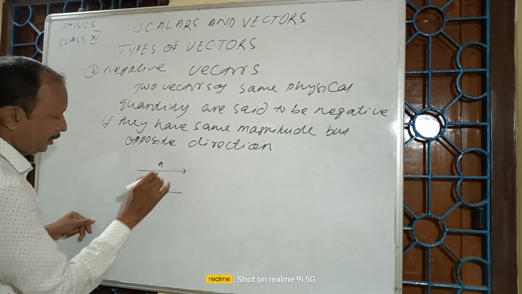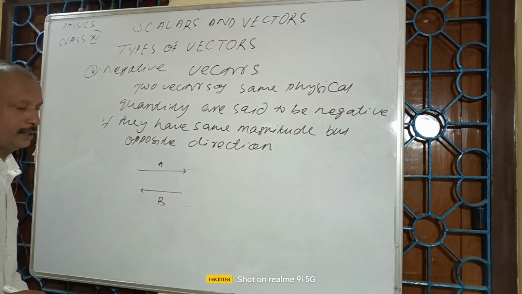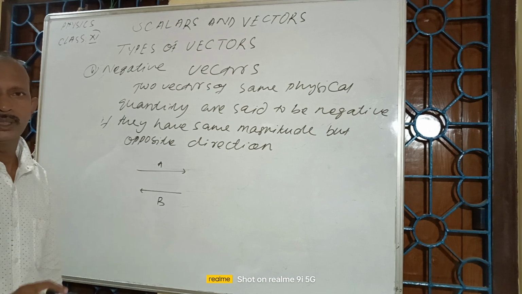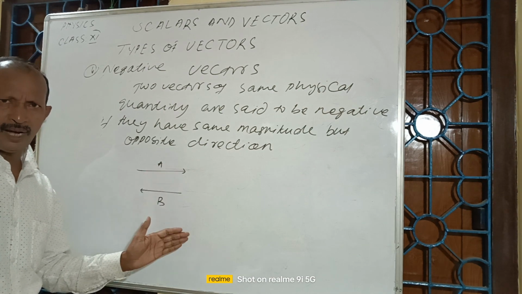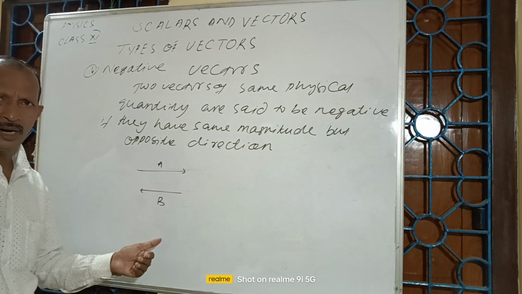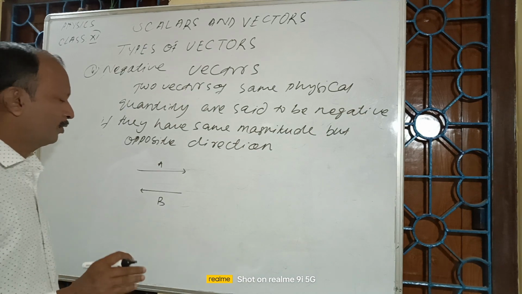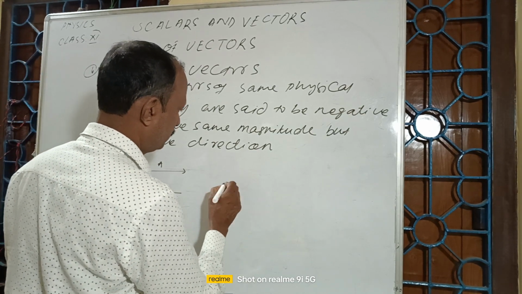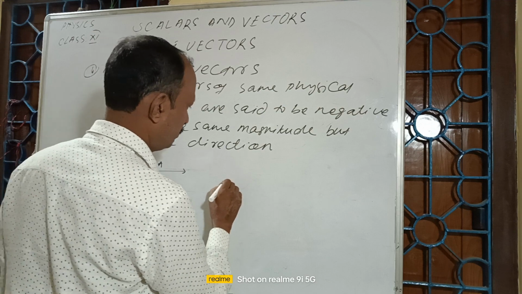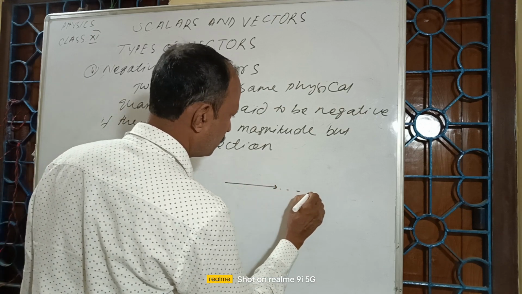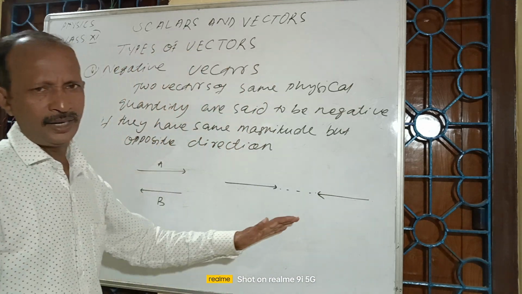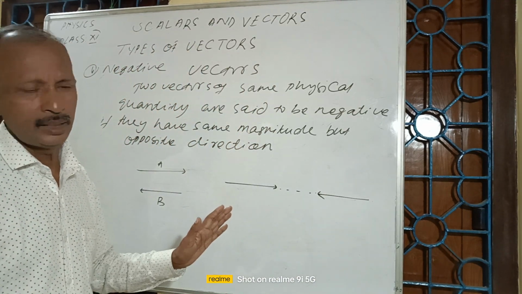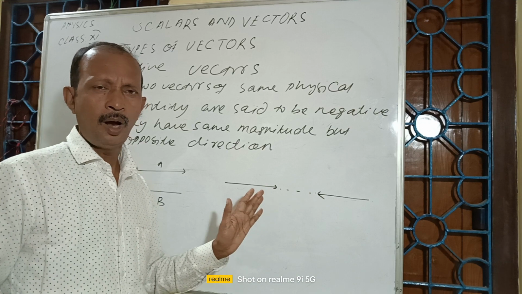this is vector A, this is vector B. Their magnitude is the same, but the direction is opposite. They may have the same line of action or they may have different lines of action. For example, you see that they have the same line of action, it does not matter, but their directions are opposite.